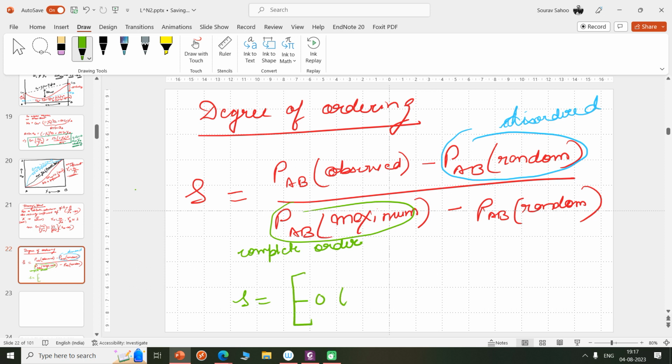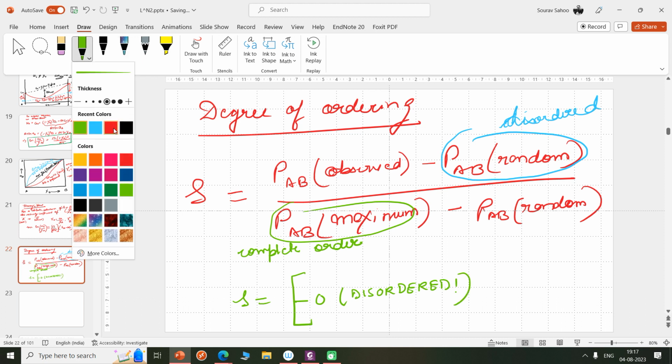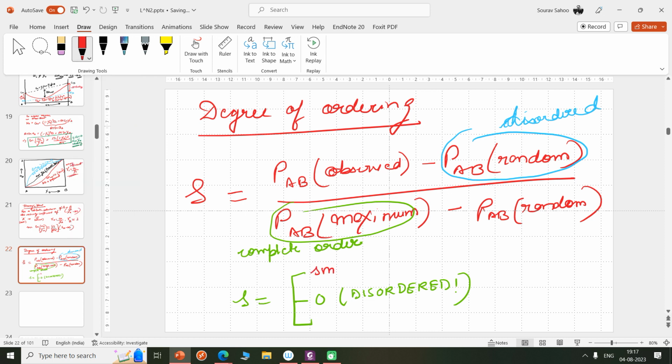When this is 0, it is completely disordered, right? And if S is small positive, we have short range ordering, like in glasses.